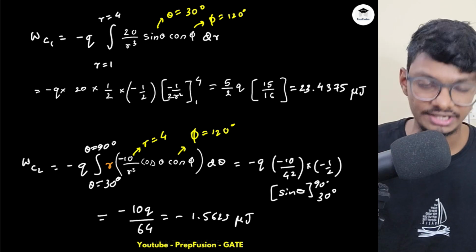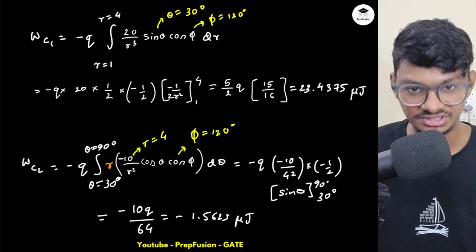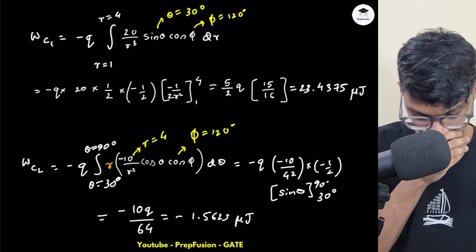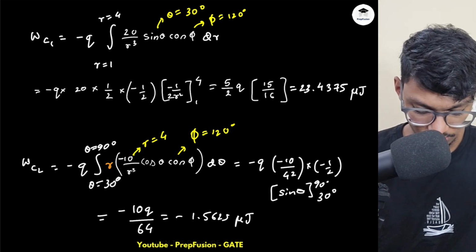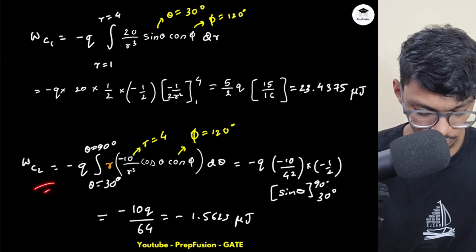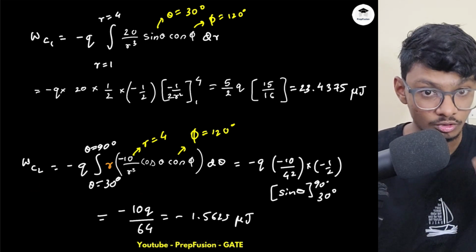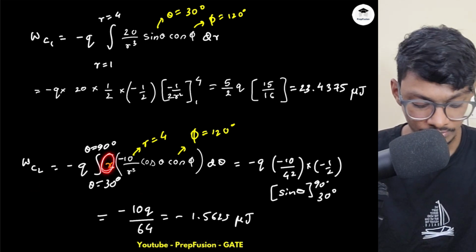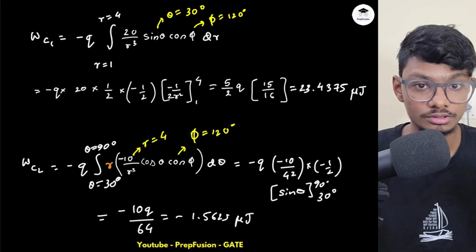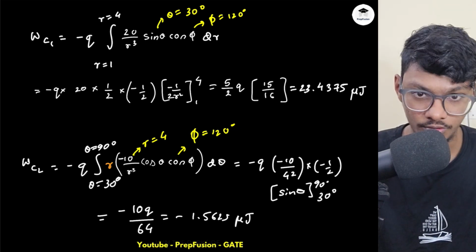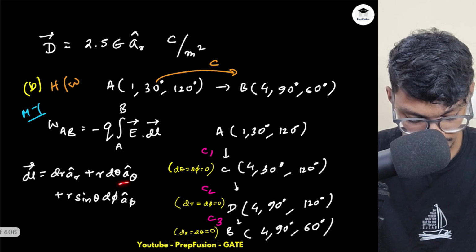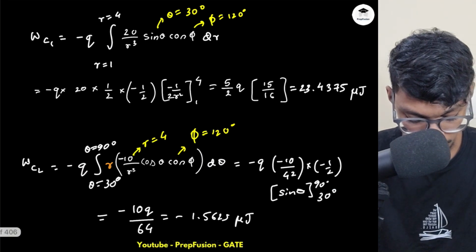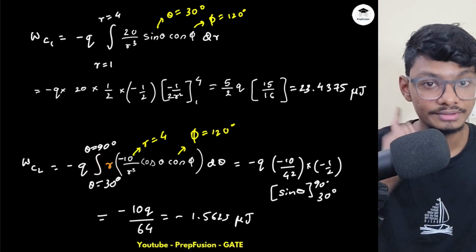Now this is a lengthy process, I do agree. Obviously method 2 will be much simpler, and I will show you that as well. Here is the work done due to path 1 and path 2. Don't forget this particular R: whenever you compute the dot product of the dl vector and the E vector, the dl vector with d theta has an R. Many students miss out this R. Please don't miss it.